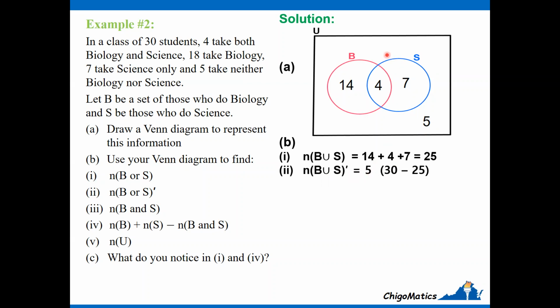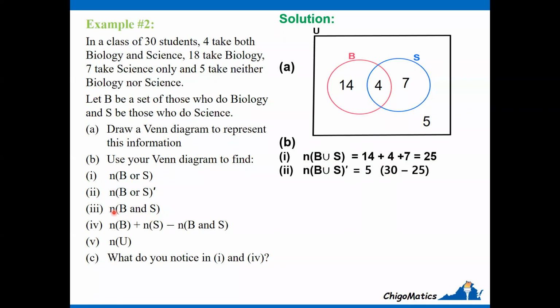Or if you are not supposed to use the Venn diagram, should you realize that those that are taking biology or science are 25, but it's a class of 30, then it would have been 30 minus 25, you still get 5. However, here the question would be just use the Venn diagram, but I'm doing that so that you learn something.